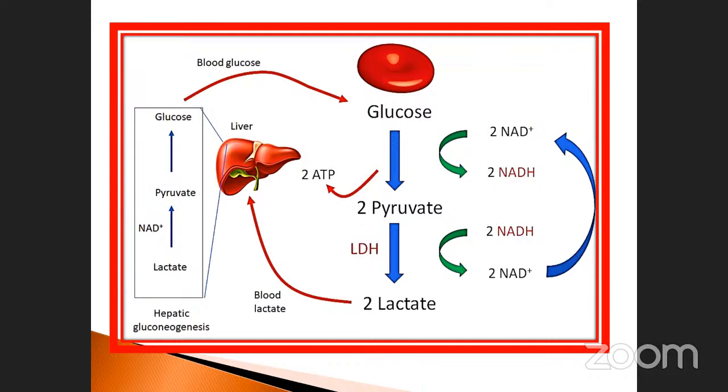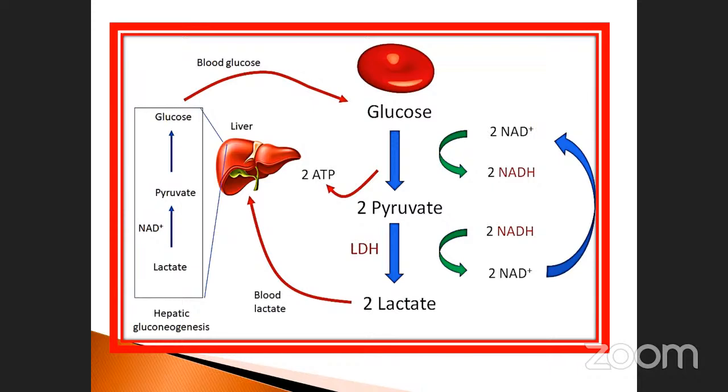These are the conversions. After the formation of pyruvate, it may also enter the citric acid cycle, which is another pathway. The pyruvate is also converted into lactate in the tissues, the body cells. The blood lactate again enters the liver, so this is also a cyclic manner.